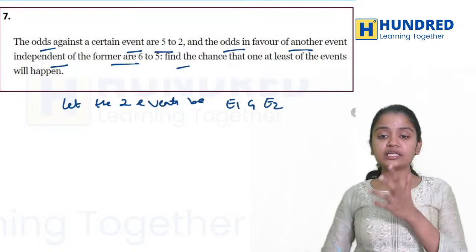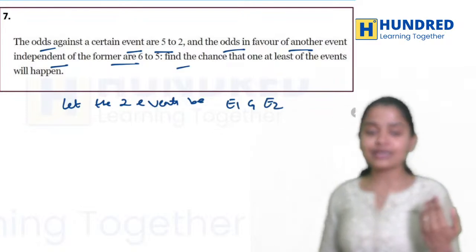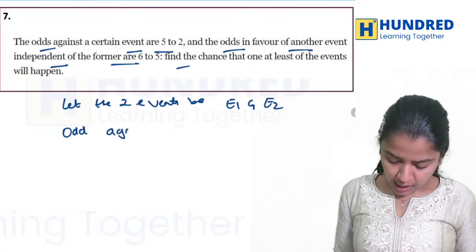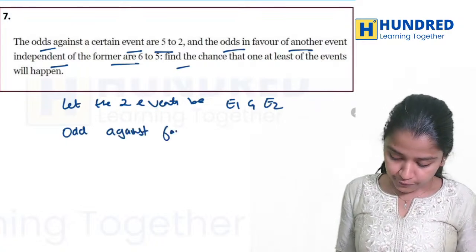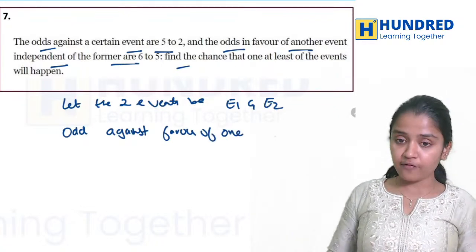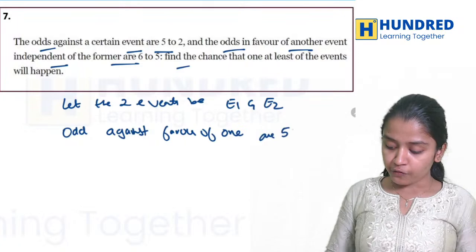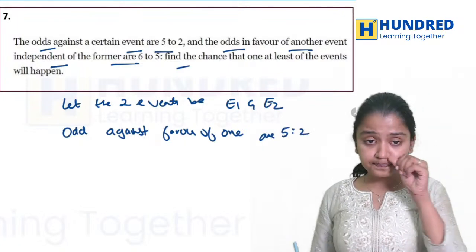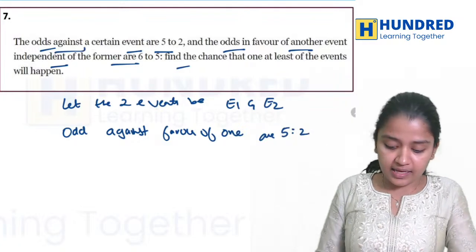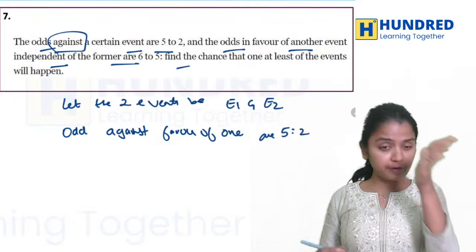So odds against in favor of 1, the odds against event 1 are 5:2.